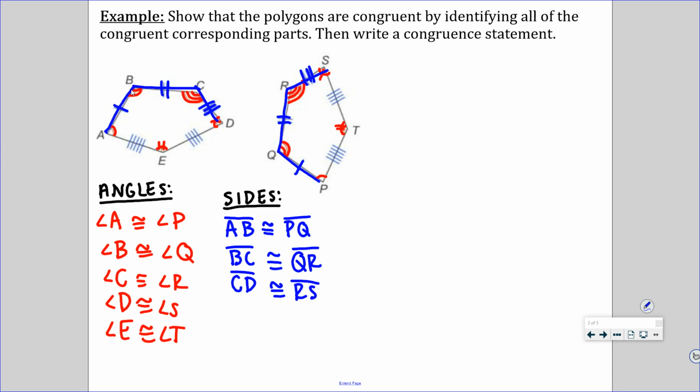DE and ST. Perfect. Kaylee, last one. EA and TP. Good. EA and TP.